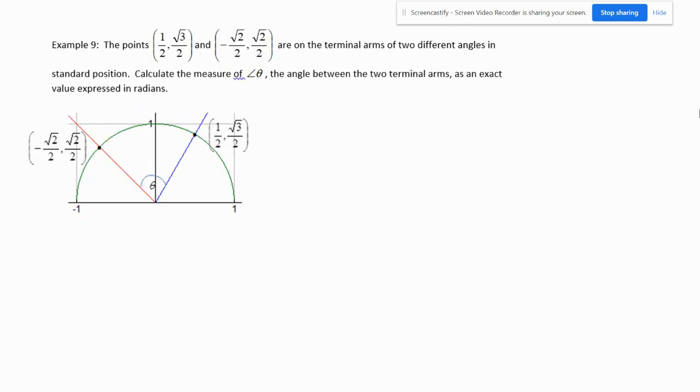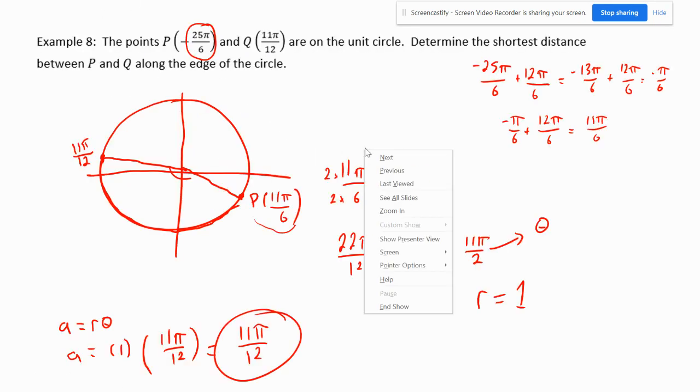Okay, the points 1/2, root 3 over 2 and negative root 2 over 2, root 2 over 2 are on the terminal arms of two different angles in standard position. Calculate the measure of angle theta between the two terminal arms as an exact value expressed in radians. The idea here is to recognize these points. I'm going to go back a few pages to my unit circle.